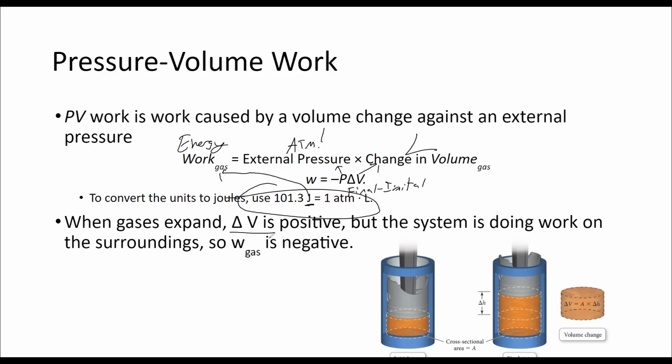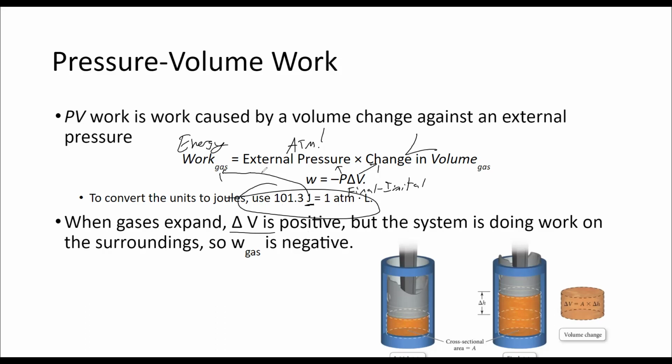Now, if the volume is expanding, work is positive because you're doing it on the surroundings. Or sorry, that didn't make sense. So when you are expanding, you are pushing against the atmosphere, like I said.